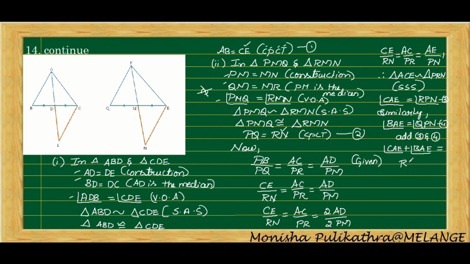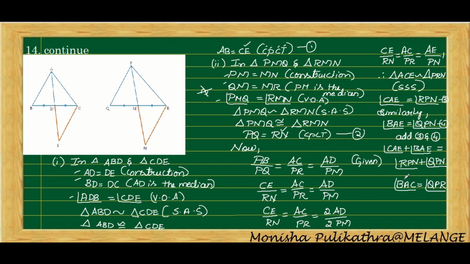CAE plus BAE becomes BAC, and RPN plus QPN becomes QPR. So BAC is equal to QPR.